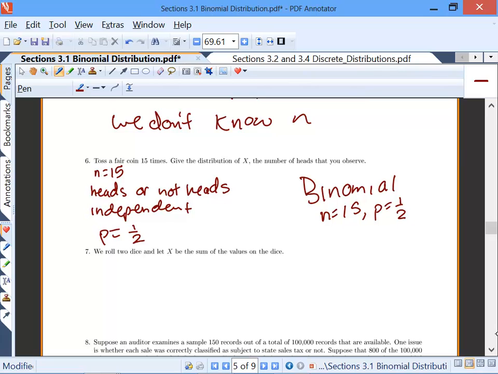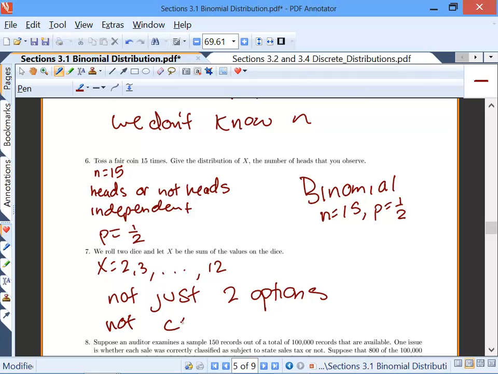Yeah. So all the other things, depending on how you read the wording, can fall apart as well, but that is something that definitely falls apart. So x can be anywhere from 2, 3, up to 12, so not just 2 options. Or we are not counting successes.